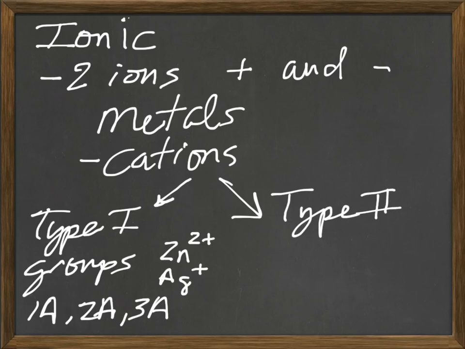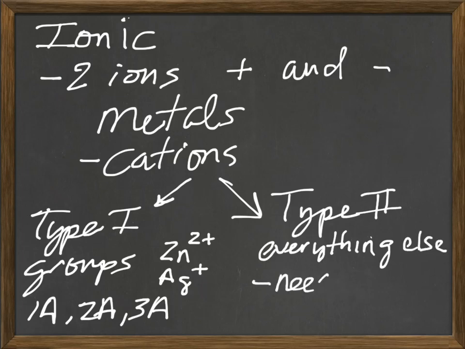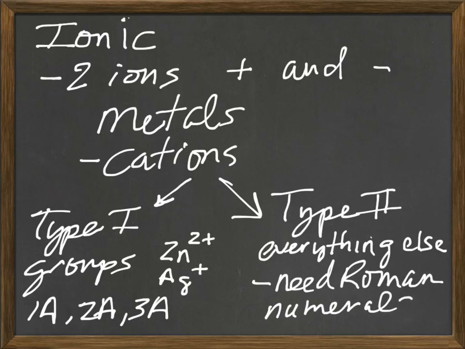Type 1 forms 1 ion only. Type 2 is everything else. All the other metals. And they need Roman numerals, because they form 2 or more ions with different charges, and we cannot predict their charge from the periodic table.